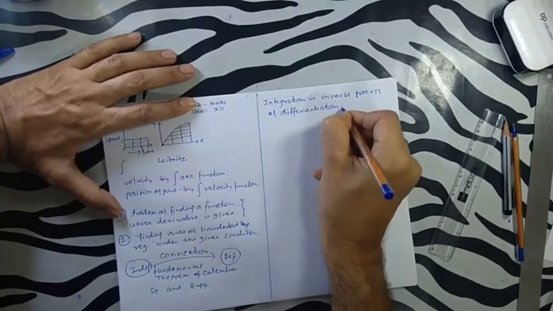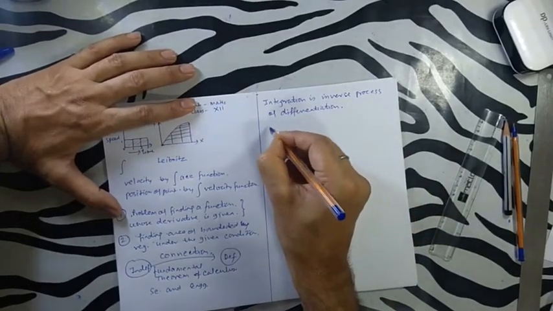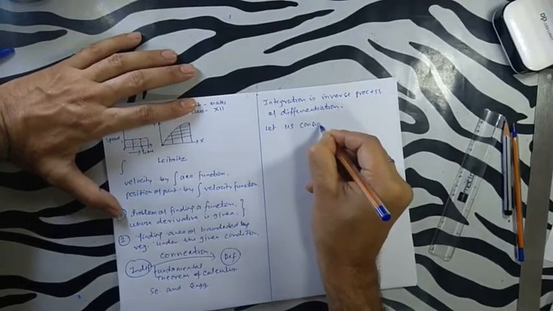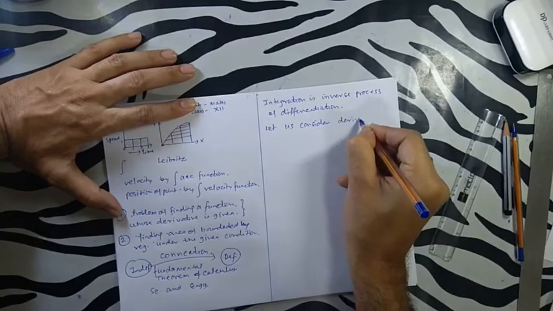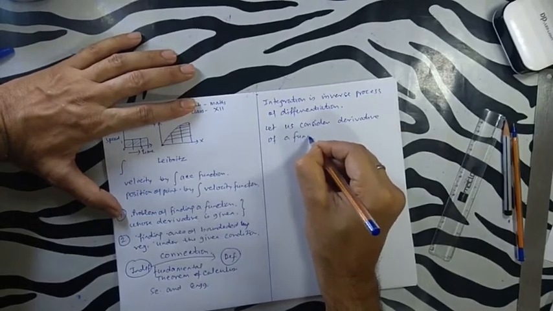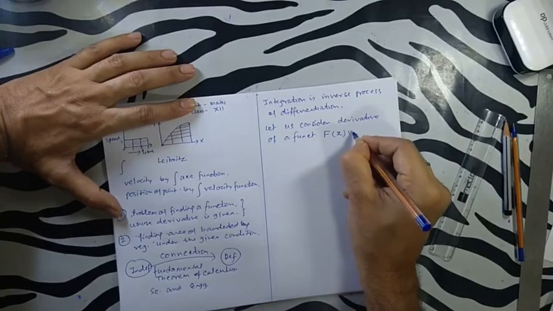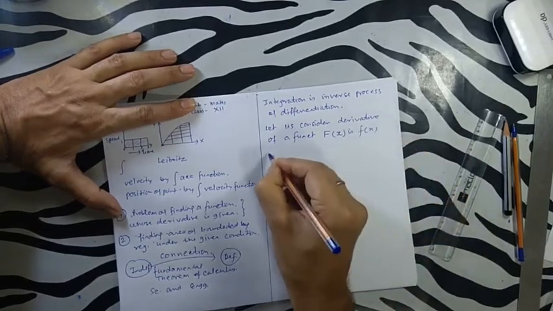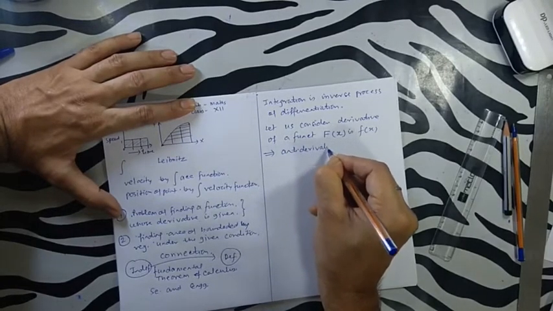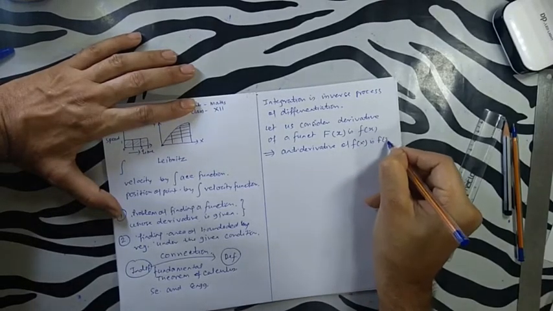Let us consider the derivative of a function capital F(x) is small f(x). This implies that the antiderivative of small f(x) is capital F(x).